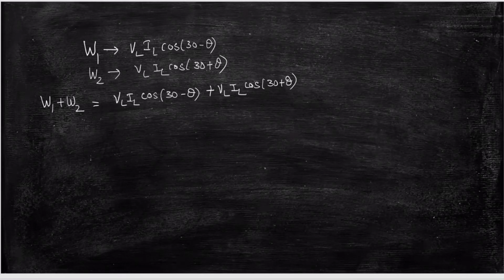Now you take VL IL common. If you take VL IL common, then what is cos A minus B?